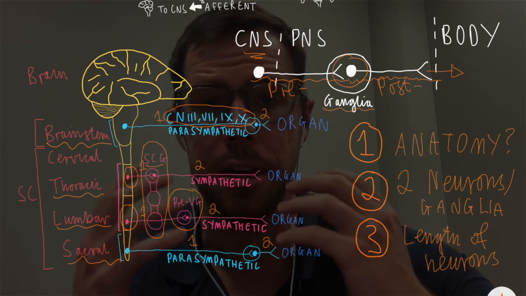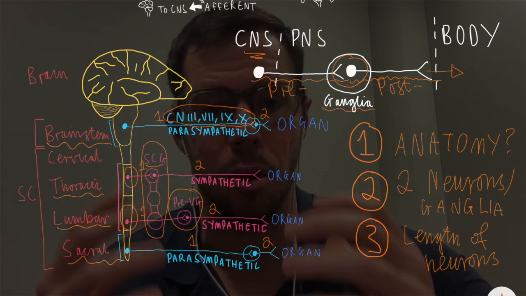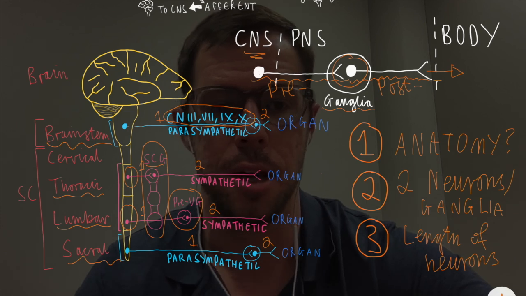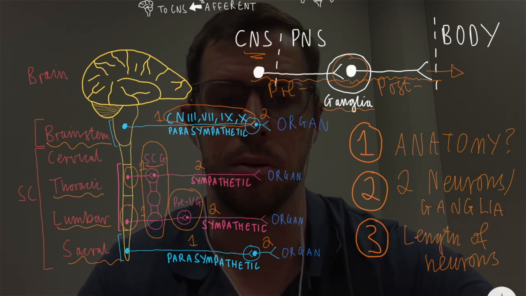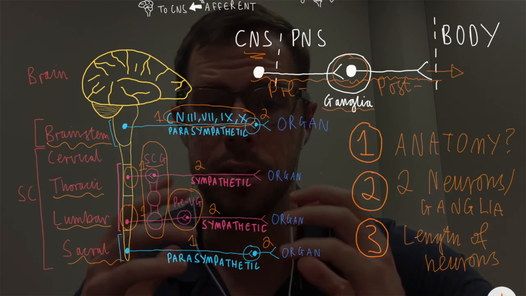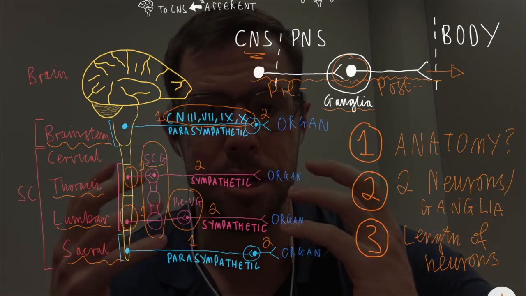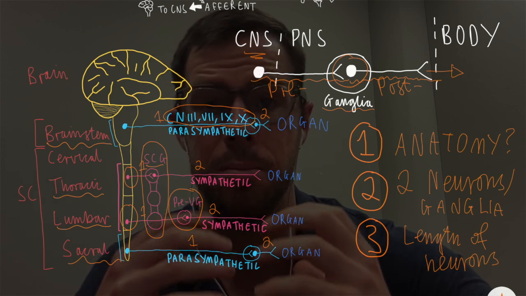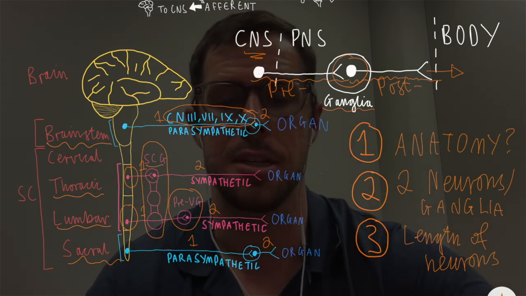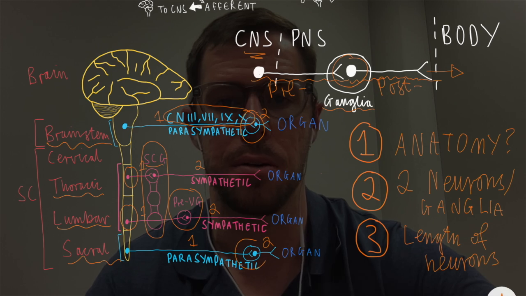For parasympathetic nerves, they comprise long preganglionic neurons and short postganglionic neurons. In contrast to sympathetic ganglia that are close to the spinal cord, parasympathetic ganglia are very close to or sometimes sit within their target effector organ.